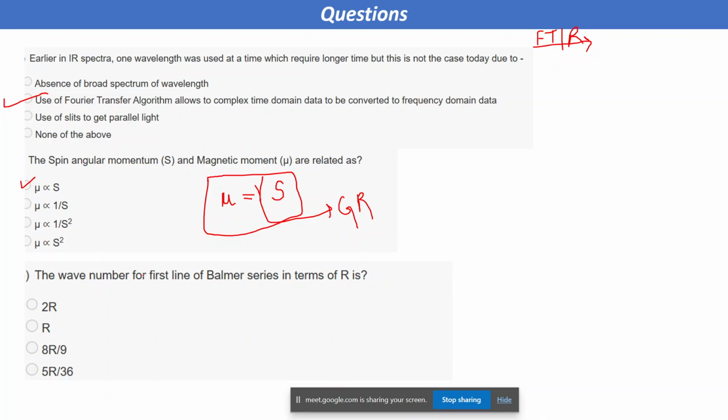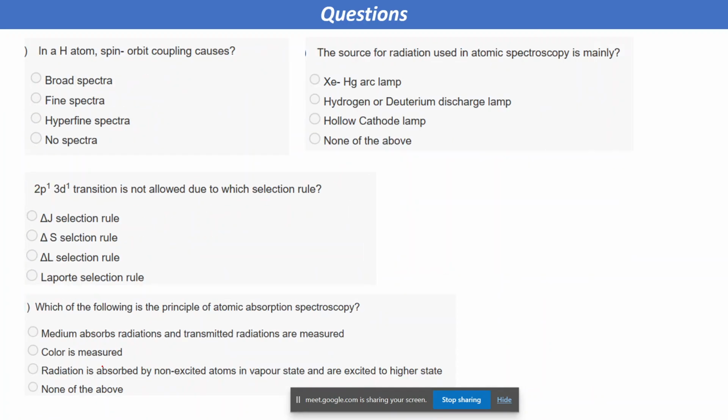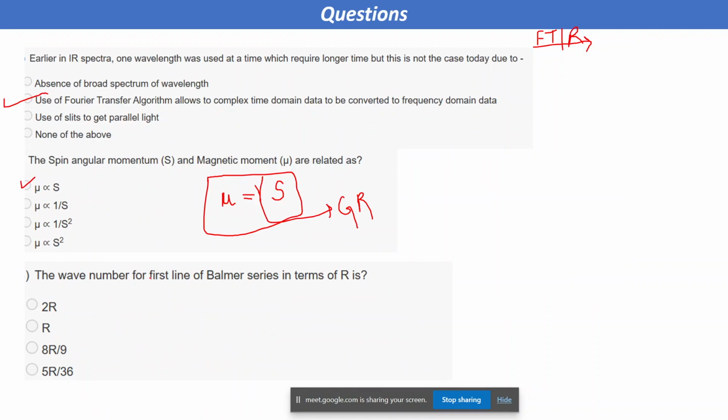Now the next question is: the wave number for the first line of the Balmer series in terms of R is 2R, R, 8R by 9, or 5R by 36? So just solve and tell me the answer. Just remember it's the alpha line that we're talking about, the first line of the Balmer series.